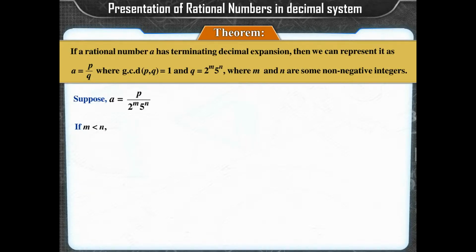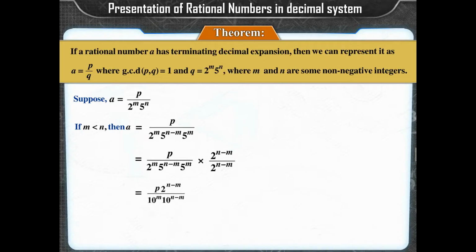If M is less than N, then A is equal to P upon 2^M into 5^(N minus M) into 5^M, which is equal to P upon 2^M into 5^(N minus M) into 5^M into 2^(N minus M) upon 2^(N minus M), which is equal to P into 2^(N minus M) upon 10^M into 10^(N minus M), which is equal to P into 2^(N minus M) upon 10^N.